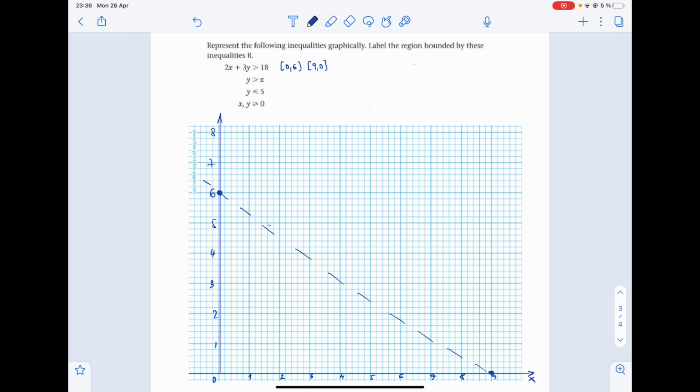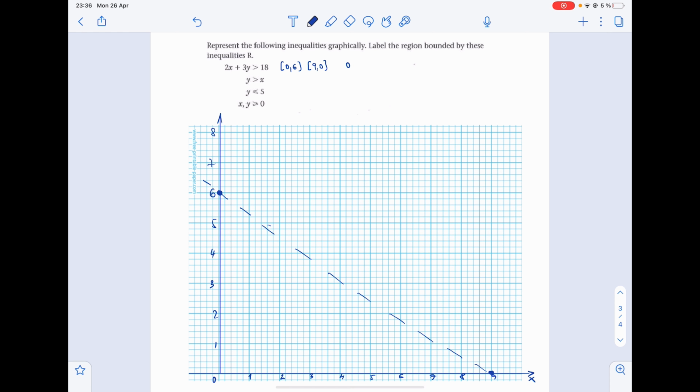Obviously, you have the ruler in your hand because you have the paper I gave you and you are actually doing it right now. So I need to identify which half plane I'm going to keep and which one I'm going to reject. Good idea is to plug in 0, 0, the origin.